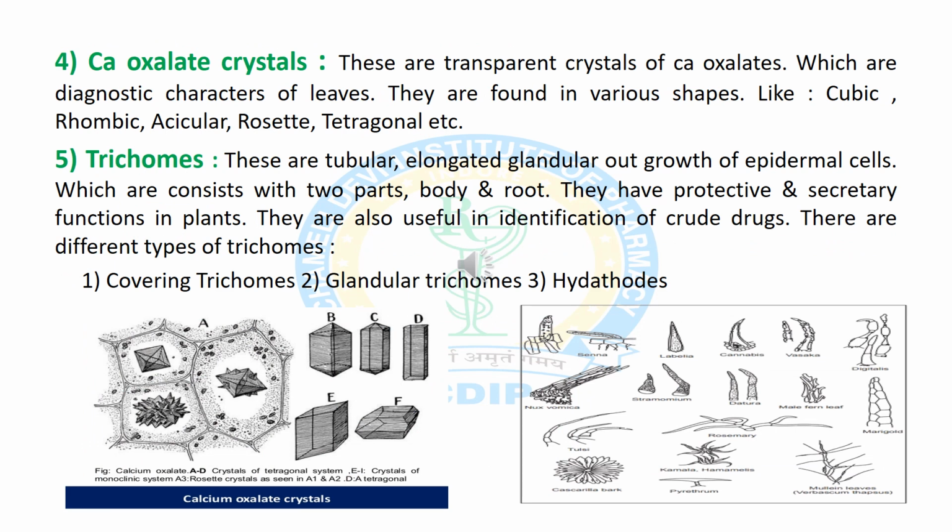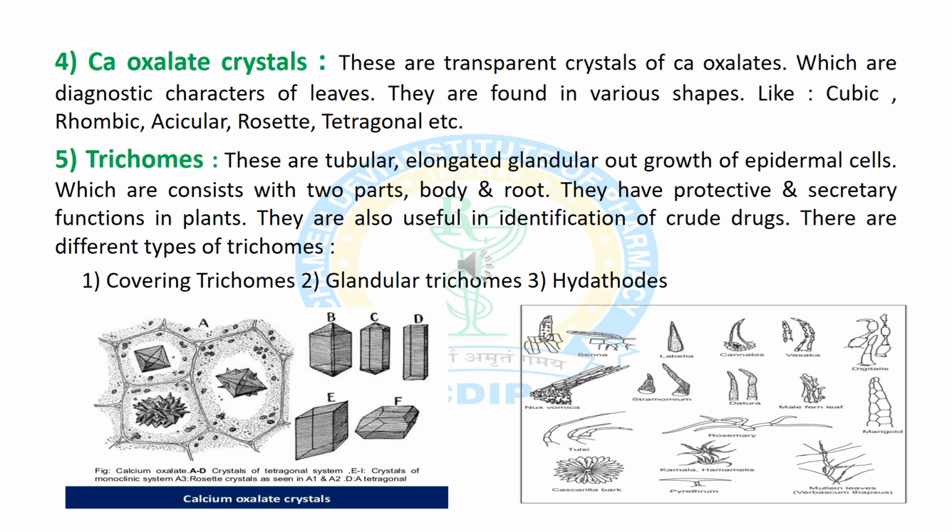There are various types of components which are present in crude drugs for microscopic evaluation, like calcium oxalate crystals and second is trichomes. What are the calcium oxalate crystals? These are transparent crystals of calcium oxalate which are diagnostic characters of leaves and various parts of plants.